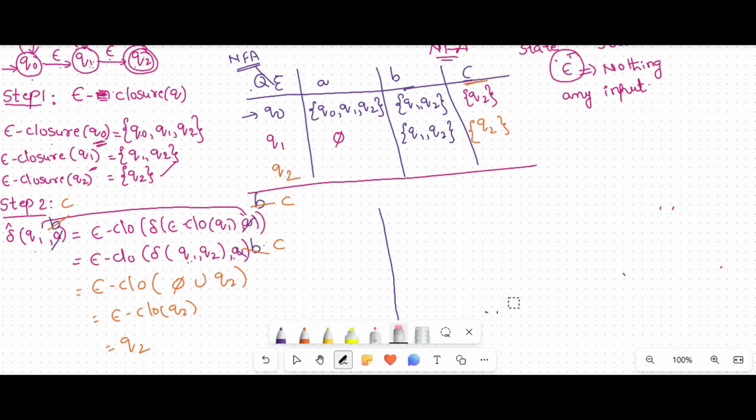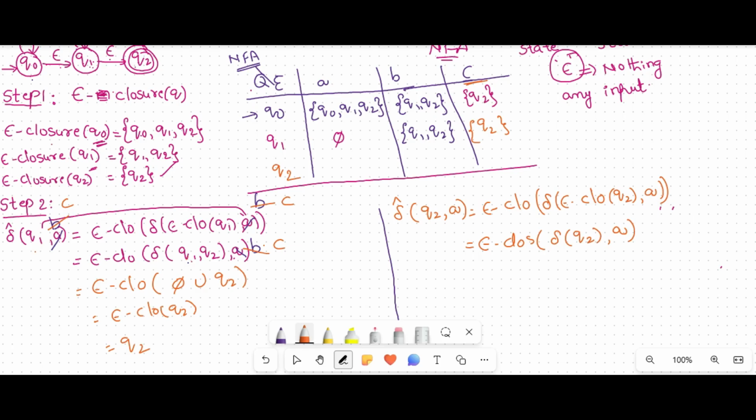Now, transition of Q2. Delta cap Q2 with A is epsilon closure of delta of epsilon closure of Q2 comma A. Already we have calculated this.